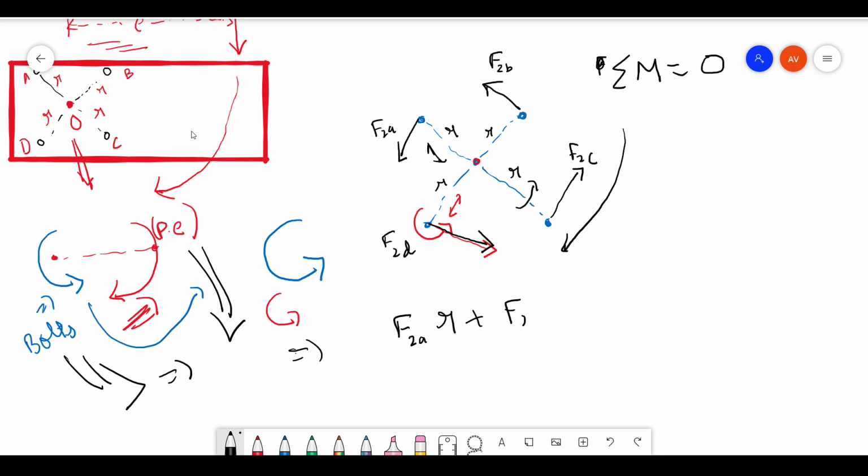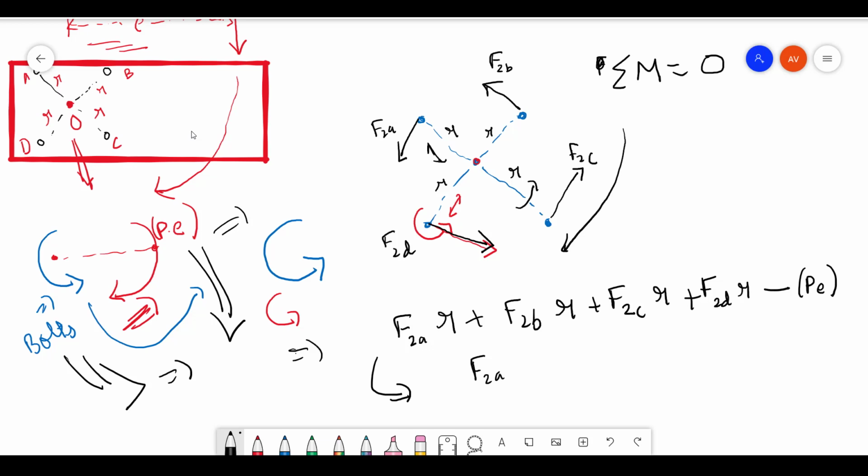Same way F2B into R plus F2C into R plus F2D into R, and again minus this particular moment by the eccentric load PE. So now if you use this, what you can write is F2A plus F2B plus F2C plus F2D is equal to PE by R.